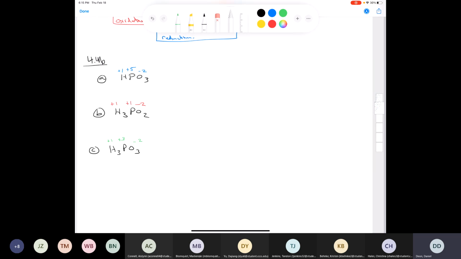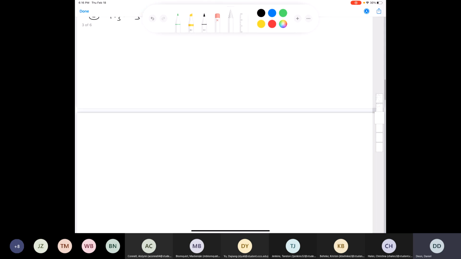All right, let's try another one. Why don't we try 4.47? We'll pick a couple of them here. In the book, it asks you just to identify the oxidation number of one particular atom. Let's try a couple of them. So this is 4.47. I'll just pick out a couple.